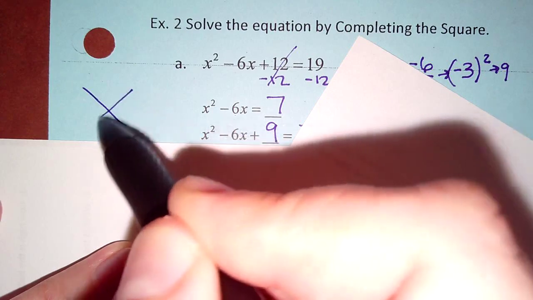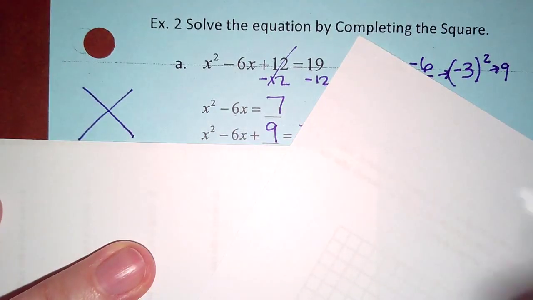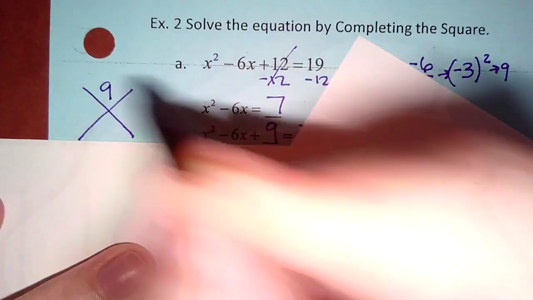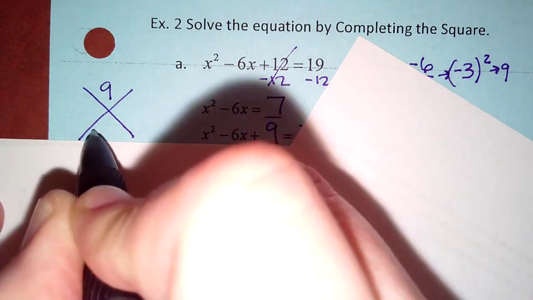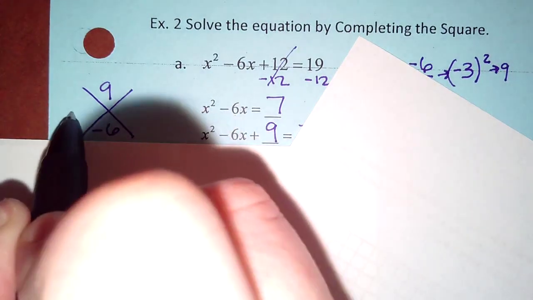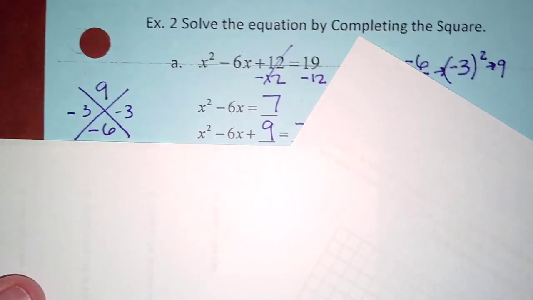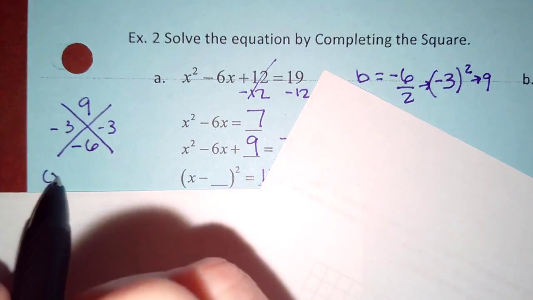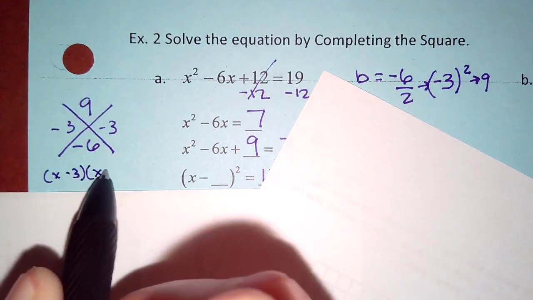So if I do my x thing, 1 times 9 is 9, at the bottom, negative 6. What two numbers multiply to 9 and then add to negative 6? Negative 3, negative 3. So that would become x minus 3 and x minus 3, right?